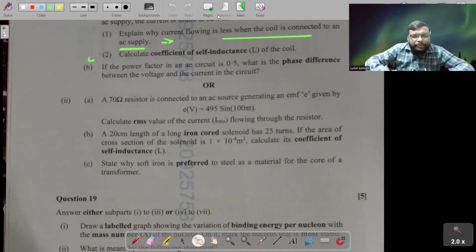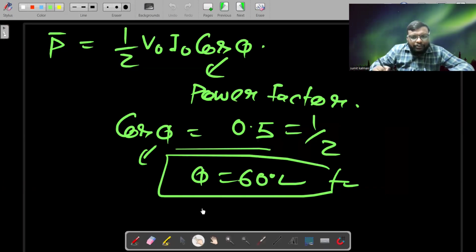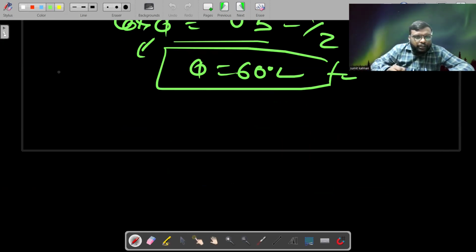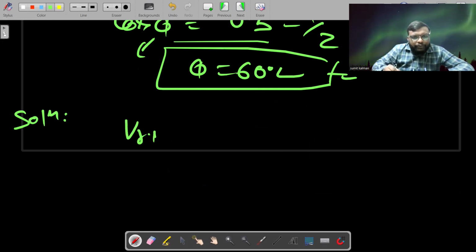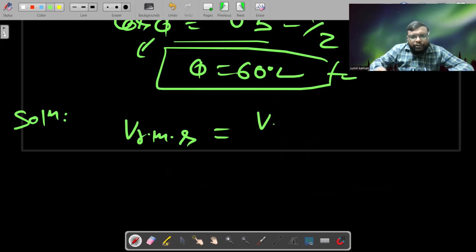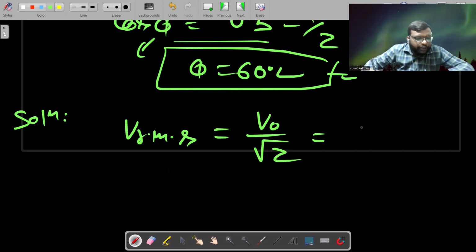So students, as we all know, we have studied in our regular classes also. Solution. RMS value of voltage is given by V RMS is equal to V naught upon root 2, where V naught is the peak value of voltage.